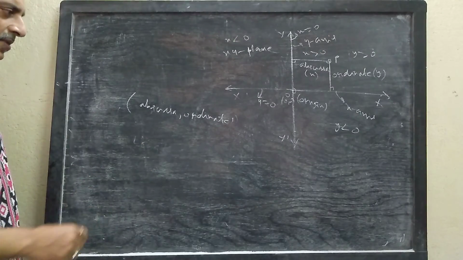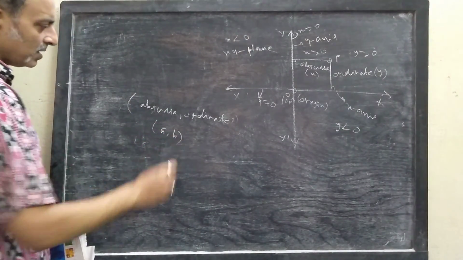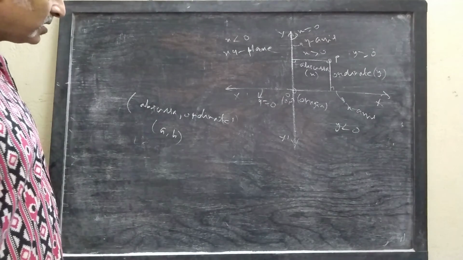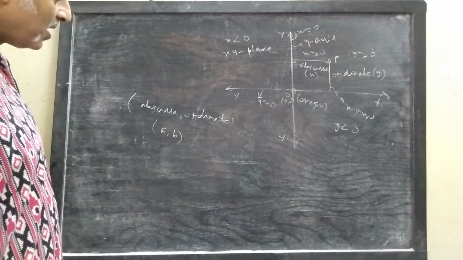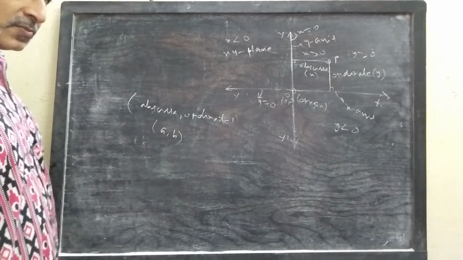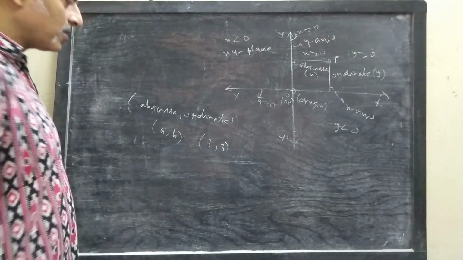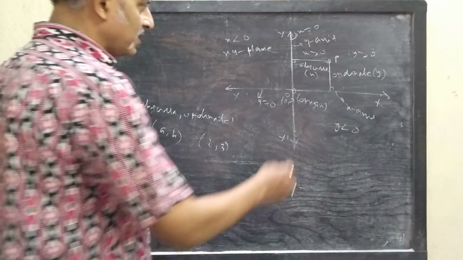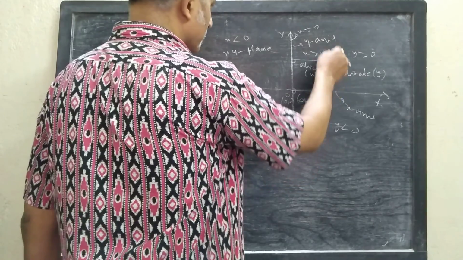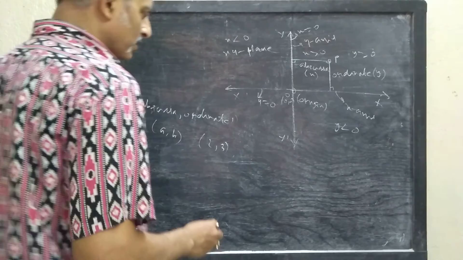So if we write the coordinate of a point as (a, b), then its abscissa is a and its ordinate is b. For example, if the coordinate of some point is (2, 3), then the point will be here. Abscissa is 2, ordinate is 3.